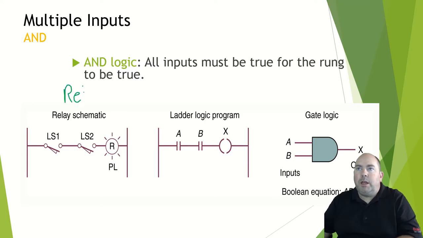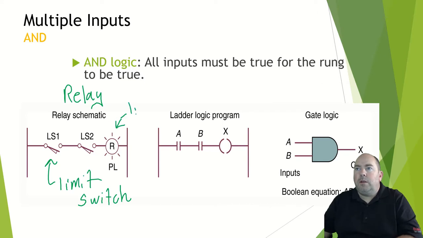We have relay, so using physical devices such as limit switches. And that runs a light, and that's basically just power flow. We have ladder logic, and we have a logic gate.